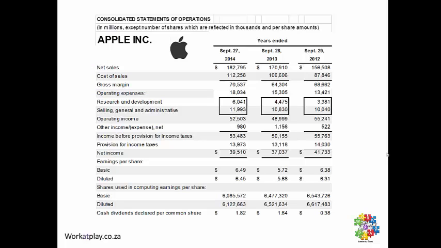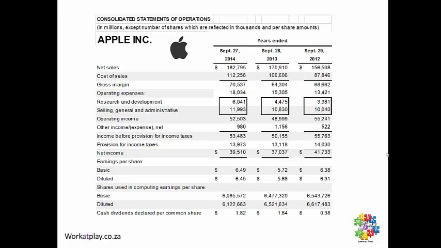We sometimes call it gross profit, sometimes gross margin. And if we're looking at September the 27th, 2014, you can see that they made a gross margin of 70 million. Then it's less their operating expenses, which are research and development, sales, general and admin. That whole block adds up to 18.